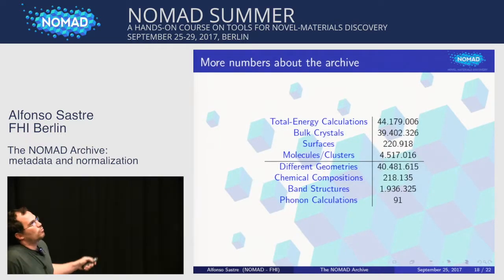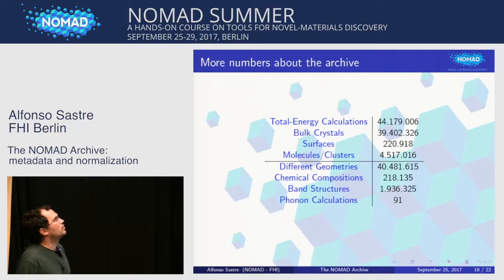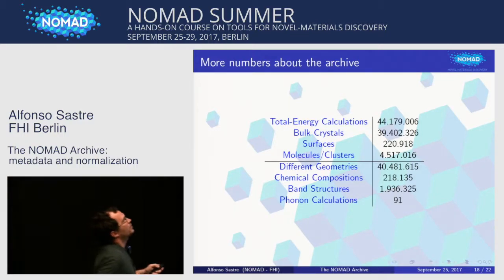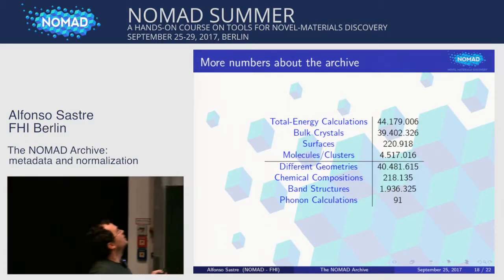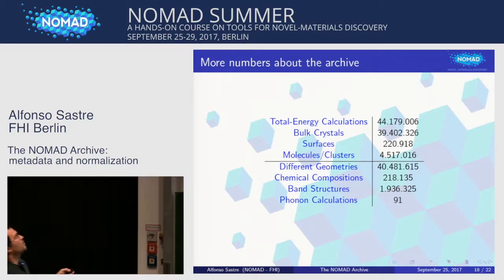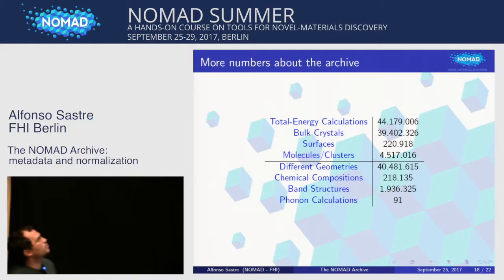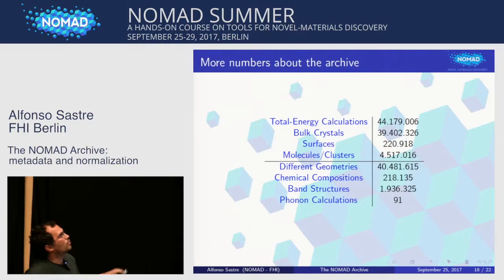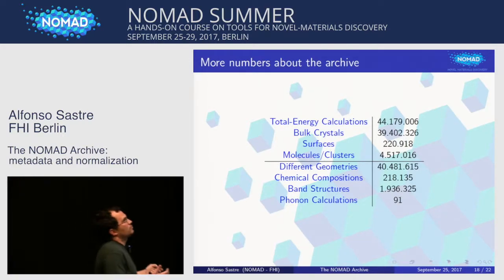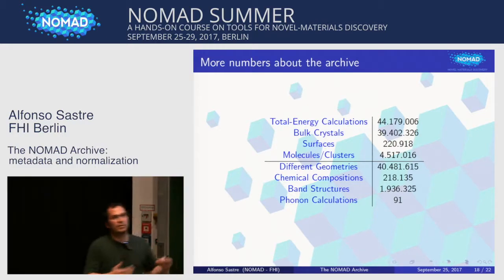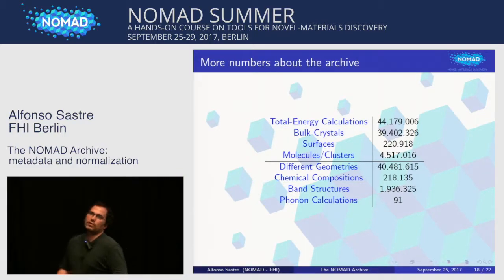Using this, you can query the archive, and you can get results like this. Like, for example, how many total energy calculations we have, which are bulk crystals, surface molecules, or other properties. Okay? So you can do statistics. Because the point is, once you have terabytes and terabytes of data, it's important to know what you have.